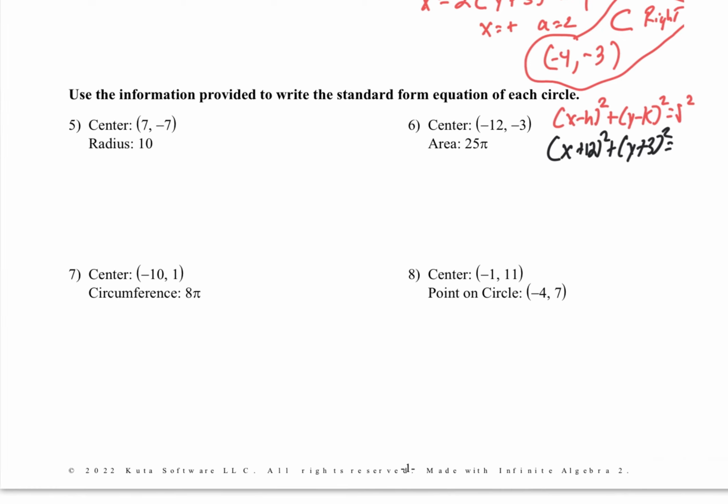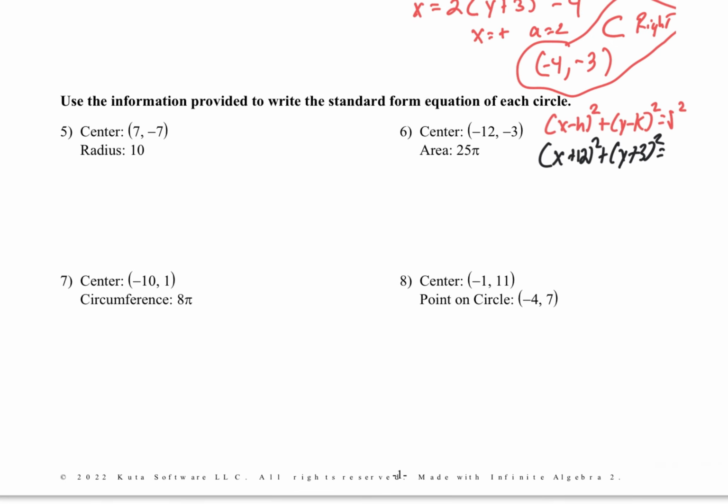Now we just have to find the r value. In this case, it tells us that the area is 25 pi. So remember, to find the area of a circle, it's pi times r squared. Well, we know the area is 25 pi, so 25 pi equals pi r squared.